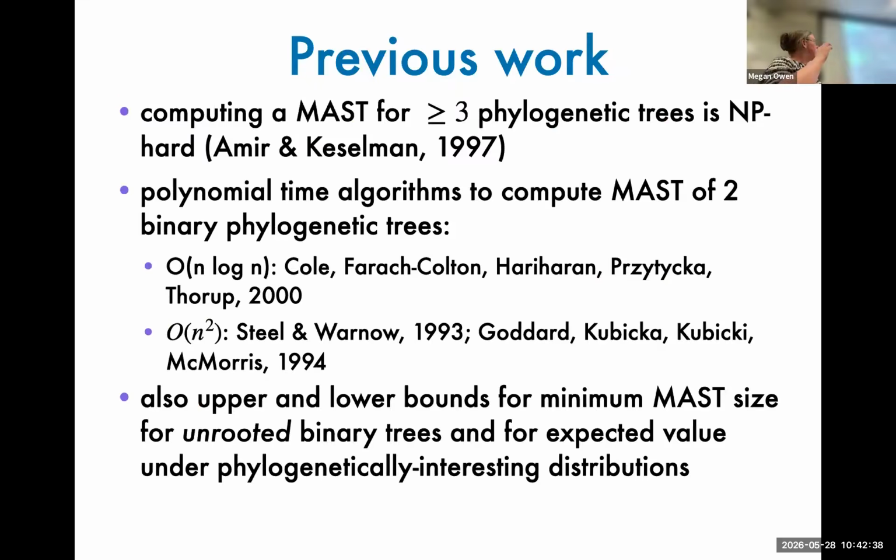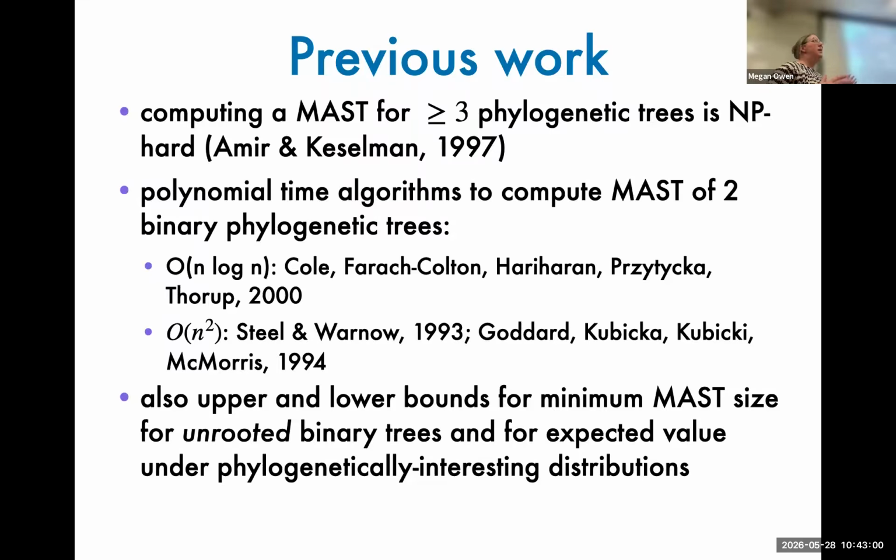So there's a bunch of previous work on this problem. In particular, if you have 3 or more phylogenetic trees and are trying to find a maximum agreement subtree, it's NP-hard. There are polynomial time algorithms for computing it for two trees. And then there's all sorts of other stuff I'm not even mentioning.